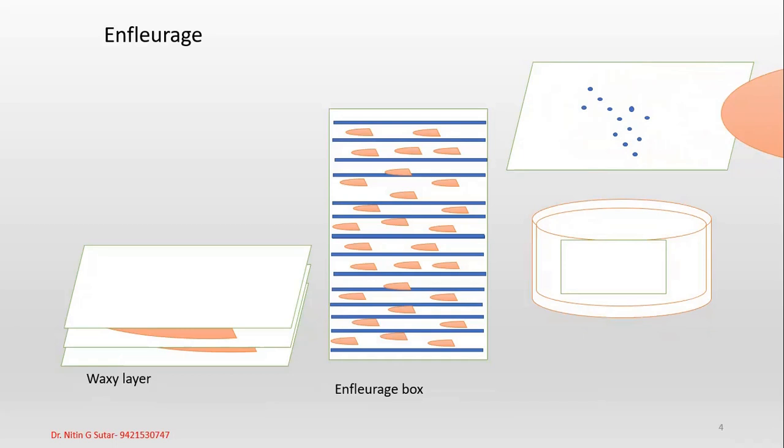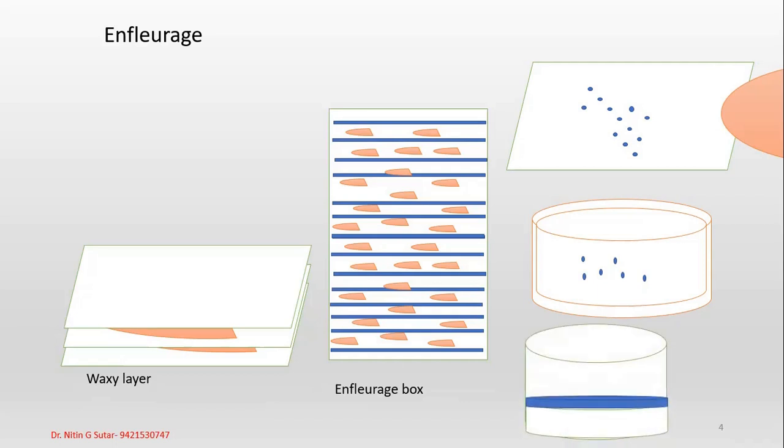When the wax melts, the oil separates from the waxy layer. Then freeze it, cooling the system, so that the frozen wax separates at the bottom and the oils separate at the upper layer. This is a simple enfleurage method by which the oil is separated.